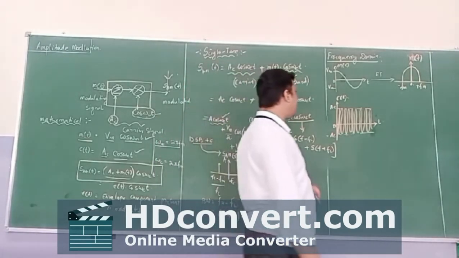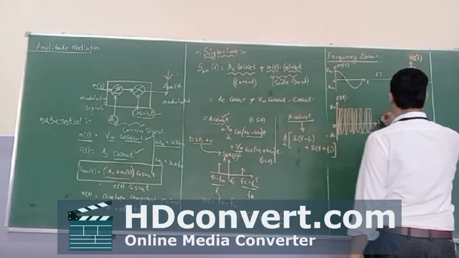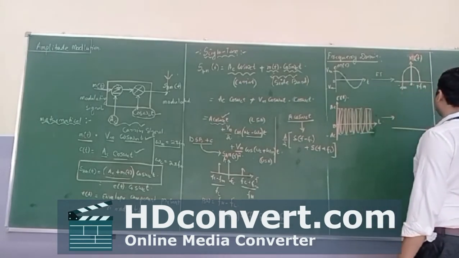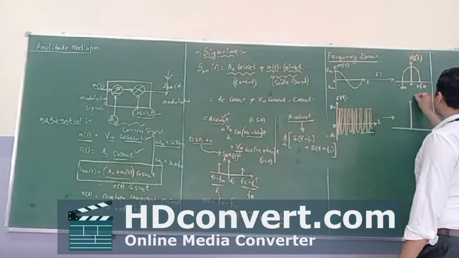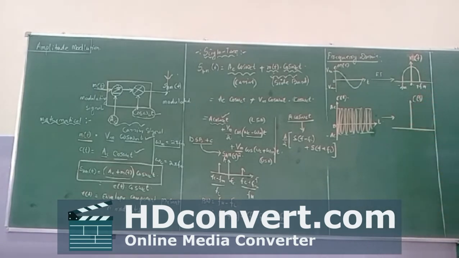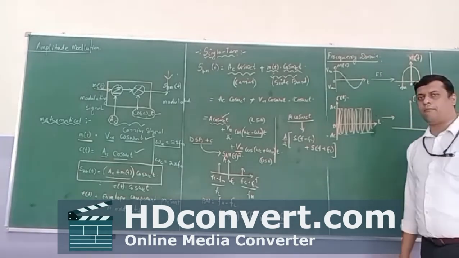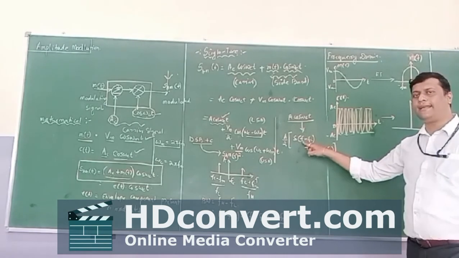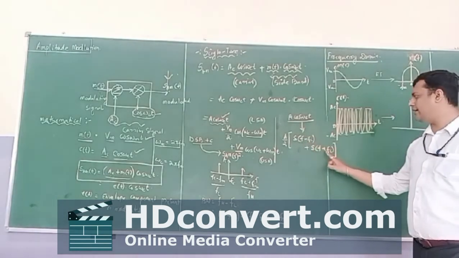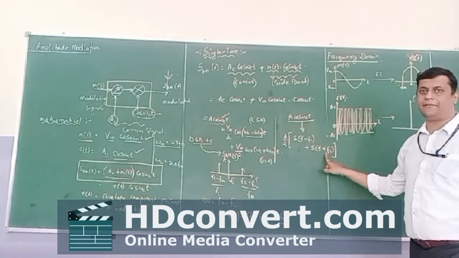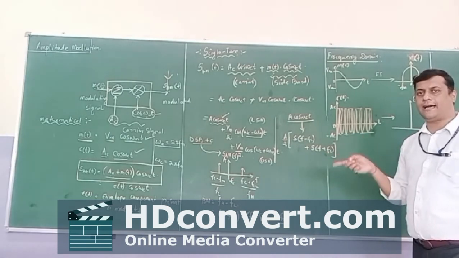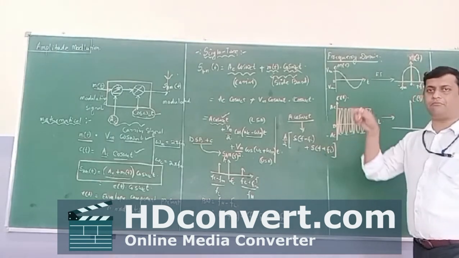Okay. Now what does this indicate? If I represent it in the frequency spectrum, this is C of f. There are two components available: one is f minus fc, and one is f plus fc. That means there are two components at fc and minus fc.